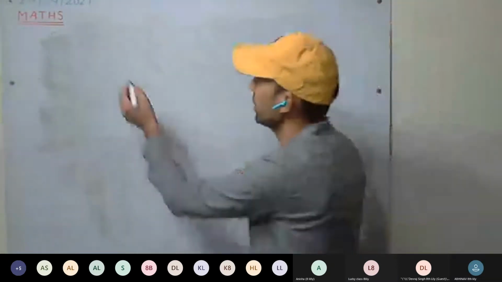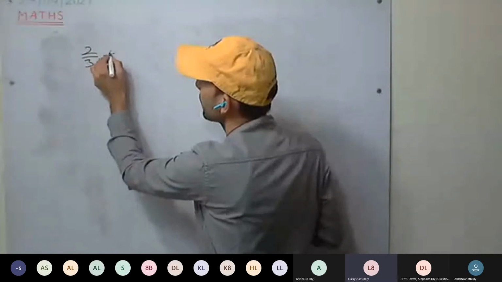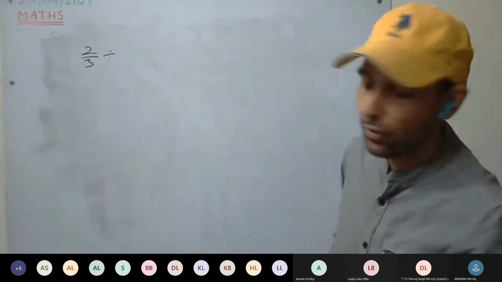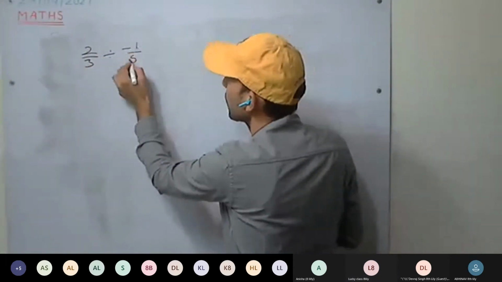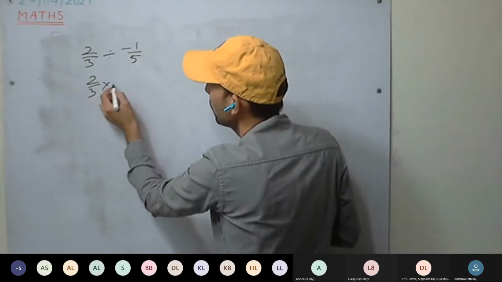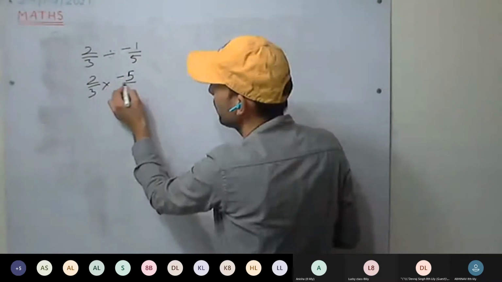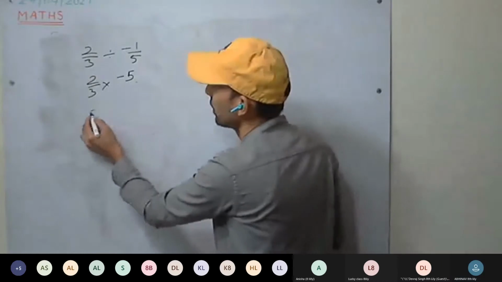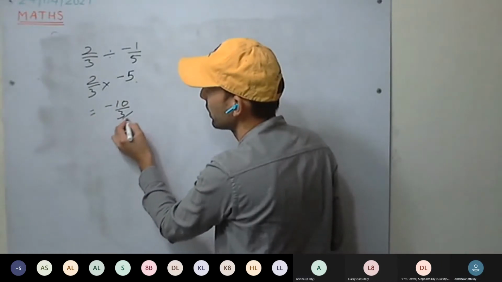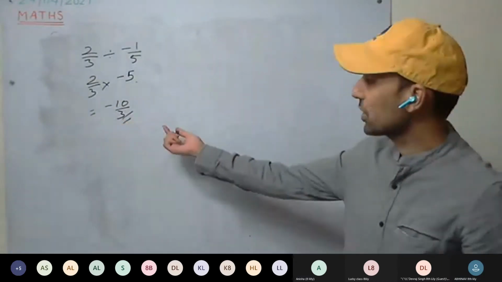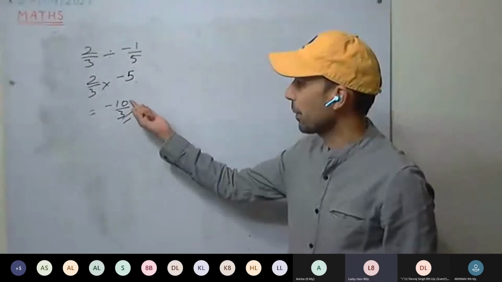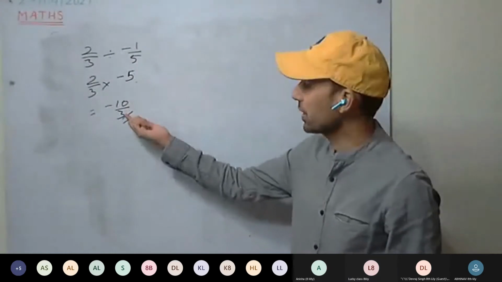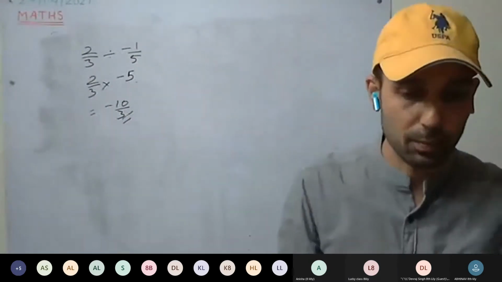So solve that one. 2/3 divided by minus 1/5. So 2/3 into minus 5 upon 1, or we can write minus 5. So minus 10 upon 3. Is it a rational number or not? a by b, minus 10 and 3 both are integers and 3 is not equal to 0, therefore it's a rational number.